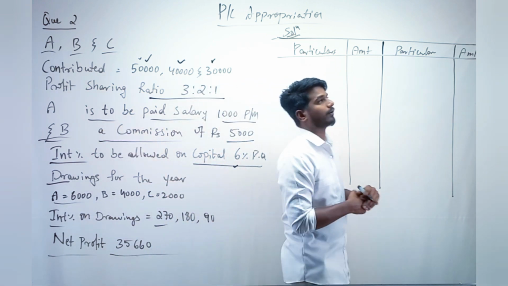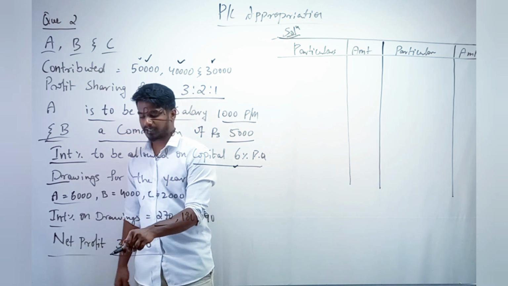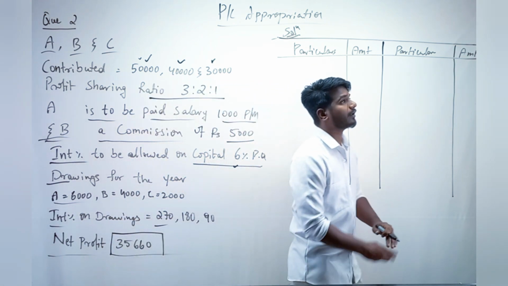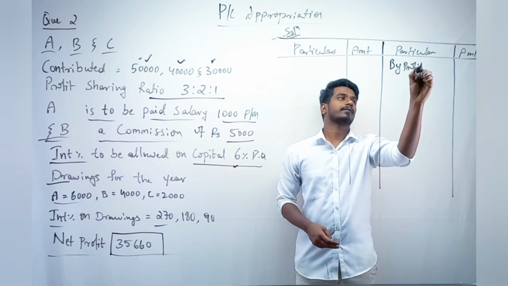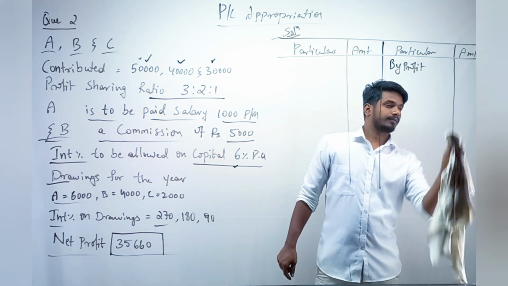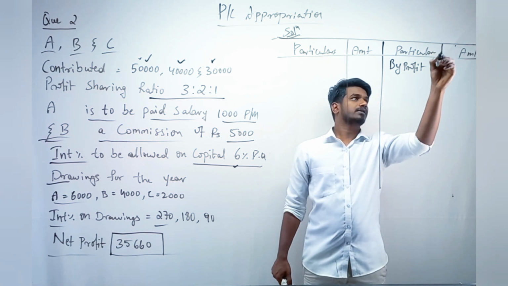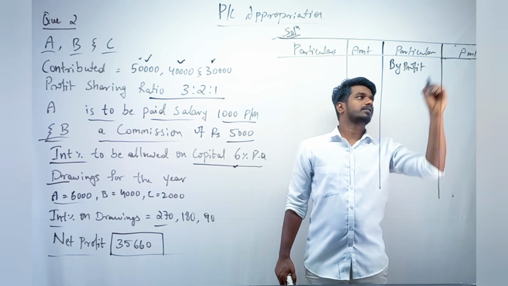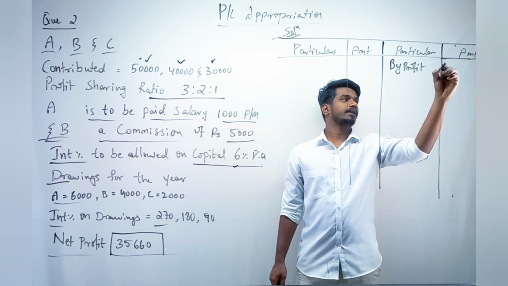Let us solve. The first thing you will see in the P&L appropriation is profit. You write it here, leaving some space for the amount. It is 35,660.